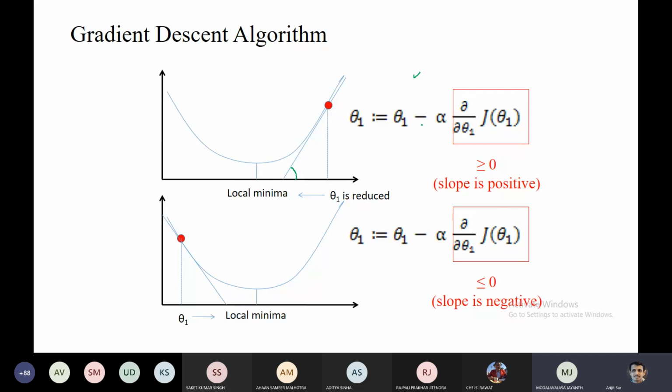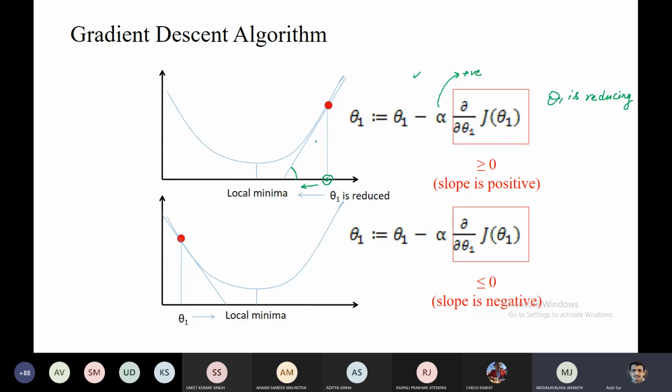So now in the theta 1 axis you are here. The slope is positive and alpha is again a positive number, so what is happening? Theta 1 is reducing, because the local minimum is here and this theta 1 is definitely higher than the local minimum. So theta 1 is reduced and it is going in this direction.